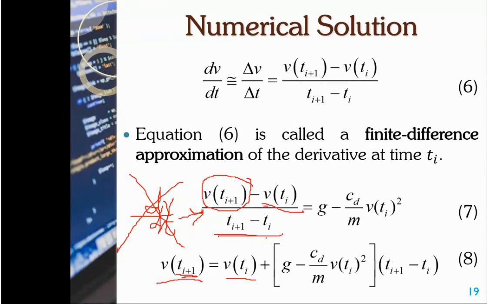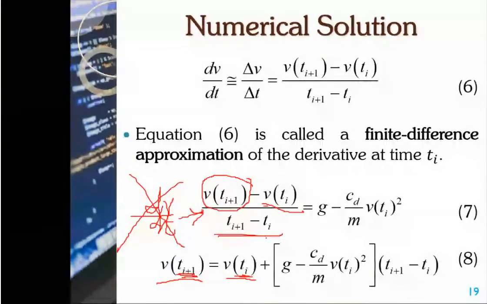So this t_i and t_{i+1} tells you that if this happens to be 1, this will be the next one, which will probably be, say, 2, okay? So we shall always be interested in estimating a certain future value or something like that, okay? So once this happens, this becomes our expression.